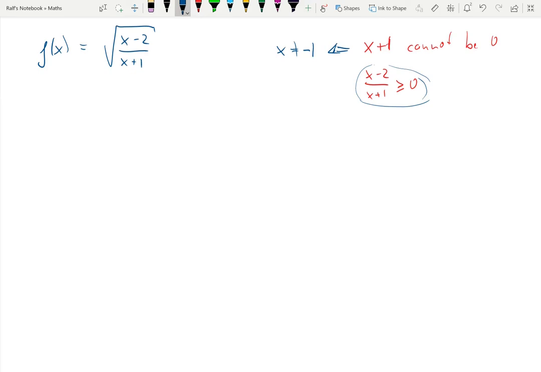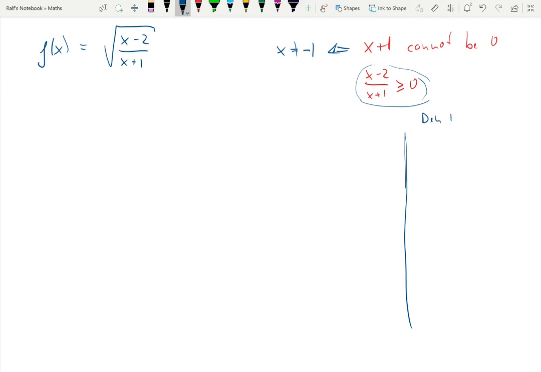Now, there are different ways to think about it. Here's my preferred way. We're having a numerator and a denominator. This term will be large, or will be non-negative, if both numerator and denominator have the same sign. Okay, so there are two worlds basically we're thinking about here.